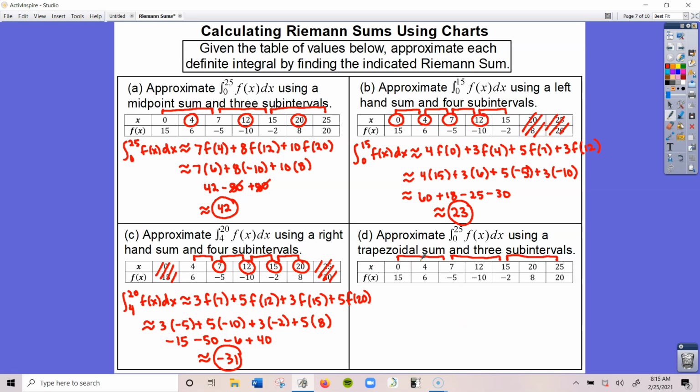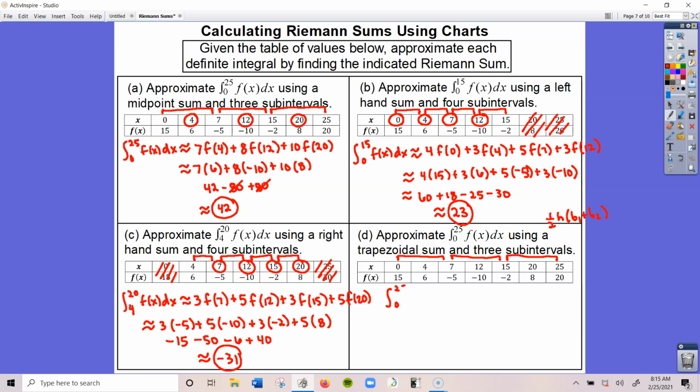If you're doing a trapezoidal sum, remember you have to keep in mind the area of a trapezoid, which is 1/2 times the height times base 1 plus base 2. So for our trapezoids here, the change in x is not the base, it's actually the height of those trapezoids.